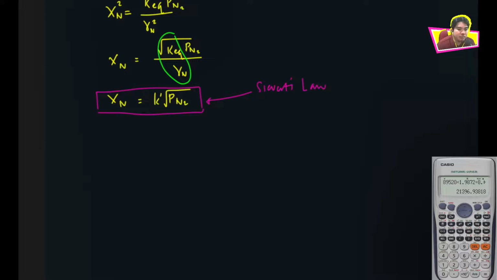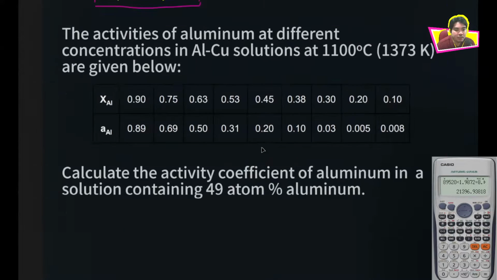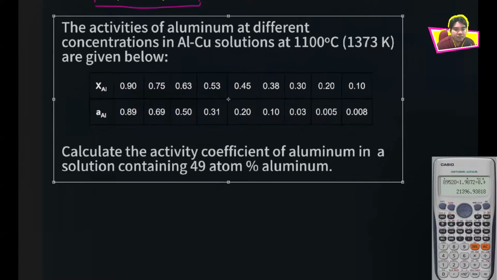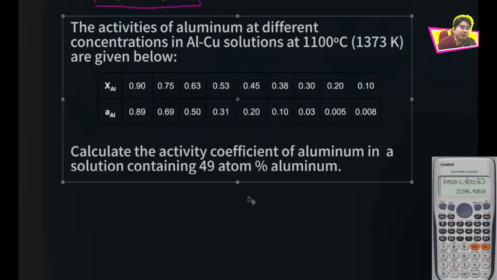No, so ito meron tayong isang example pa dito. But here, I think we need Excel para dito. No? And we could probably do this as our last activity. No? So we have the activities of aluminum at different concentrations in AlCu solutions at 1,100 degrees Celsius or 1370 Kelvin are given below.